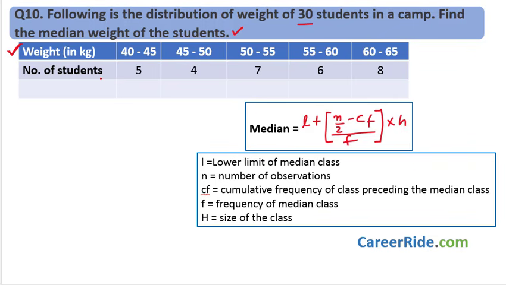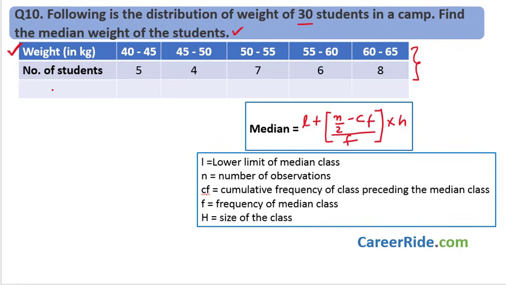The second row tells you how many students lie in each class interval. So 5 students have weights between 40 to 45 kgs, then 4 between 45 to 50, 7 between 50 to 55 kgs, and you are required to find the median weight of this data.